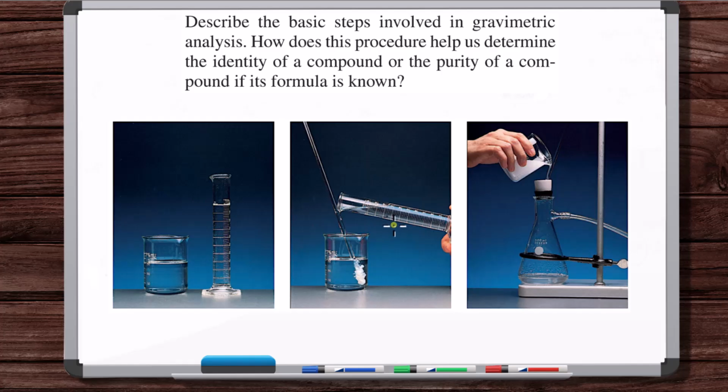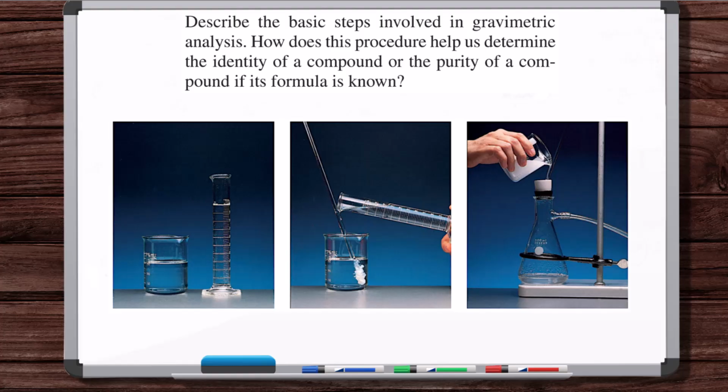Okay, and so now what you're going to do is continue to add this cylinder solution, add as much of it as you need to where the maximum amount of precipitate has formed. The maximum amount in the sense that all of the ions in the unknown beaker solution that are involved in the precipitation, all of those ions have been precipitated out.